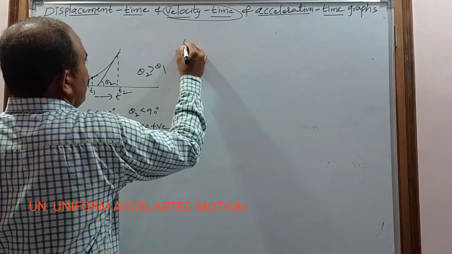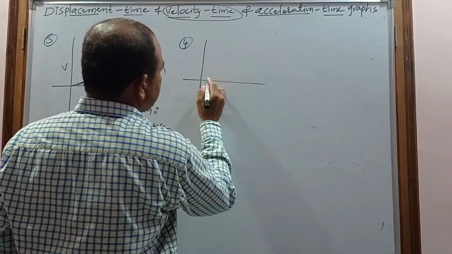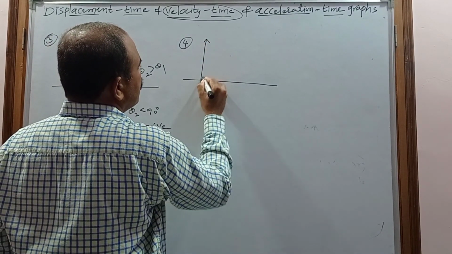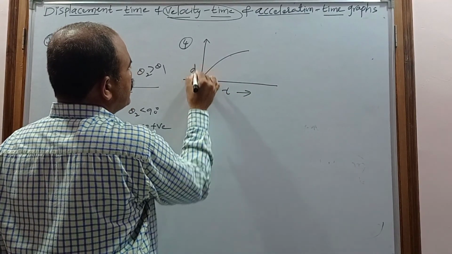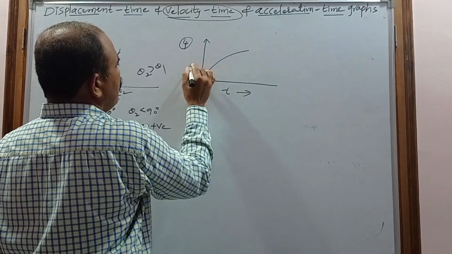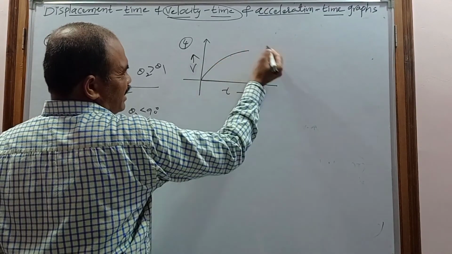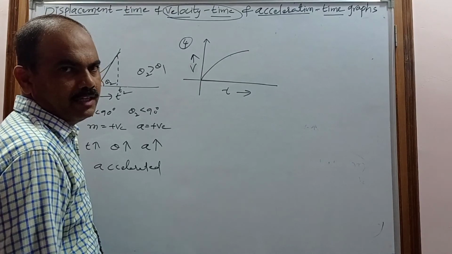And now coming to another graph. If the graph is like this, taking time on the x-axis and velocity on the y-axis, this is a graph with decreasing slope, already explained in the displacement versus time graph.